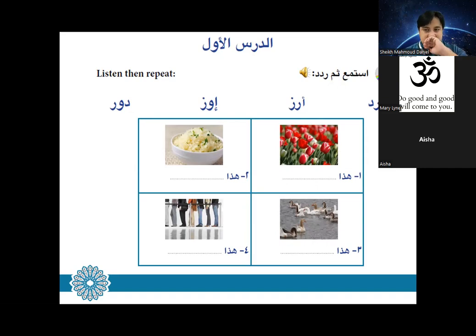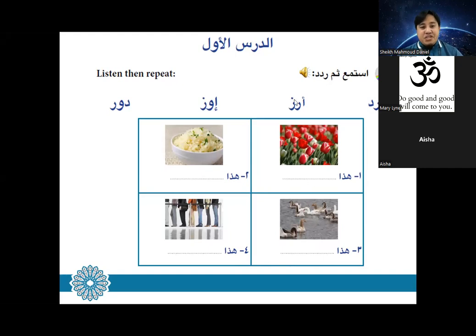All of the vocabulary, the words in front of us, are in masculine form. So that's why we are having here hadha for number 1, hadha for number 2, until number 4, all are hadha. For number 1, anyone can tell me hadha what?